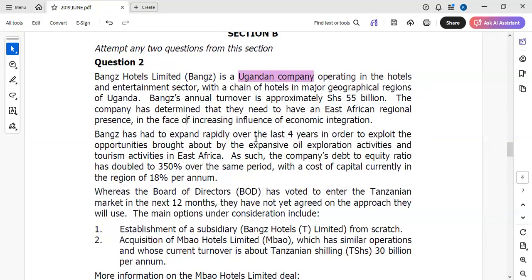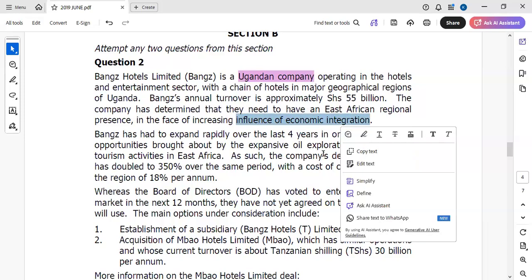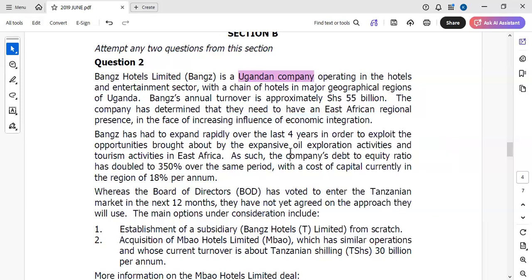You want to have a presence outside Uganda. So the company has determined that they need to have an East African regional presence in the face of increasing influence of economic integration. Okay, so that is something that you need to think about.